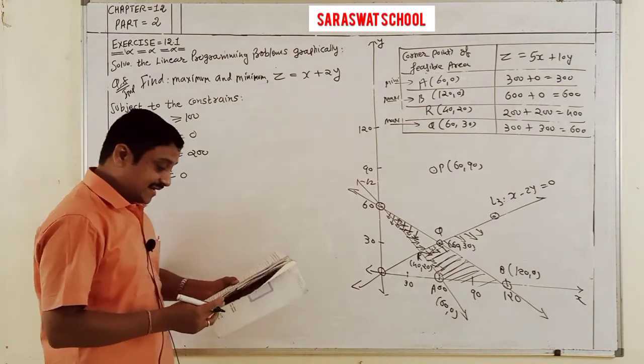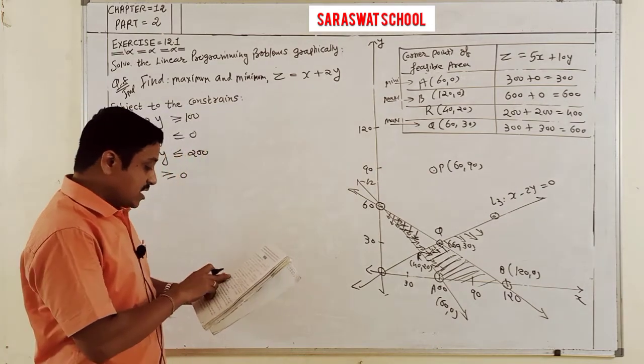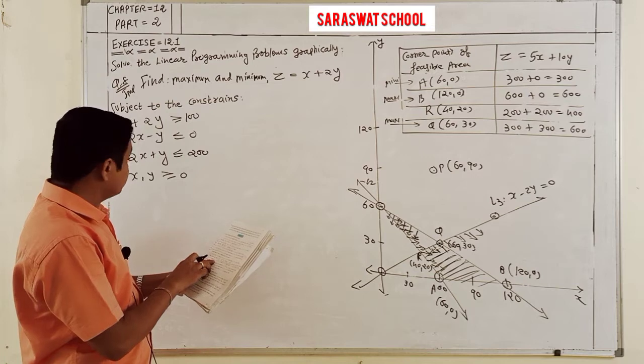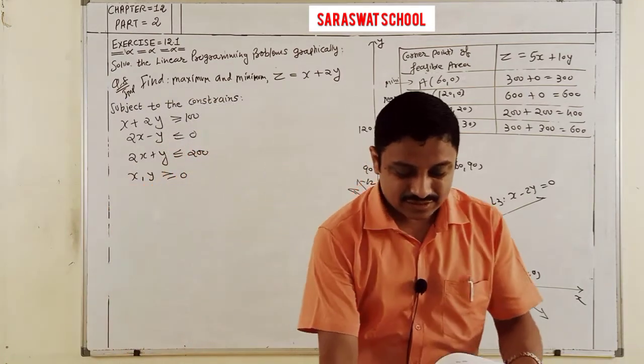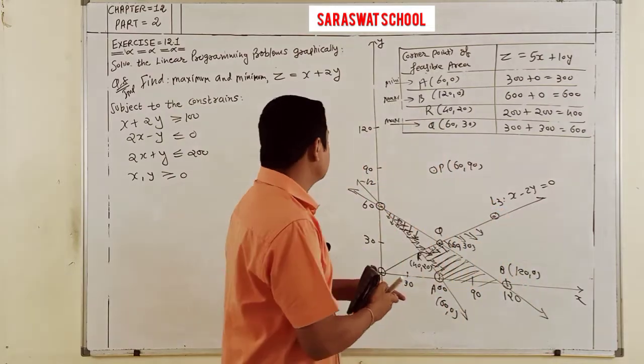One more time check. z is x plus 2y, with x plus 2y greater than 100, 2x minus y less than 0 and 2x plus y less than 200. The same concept, only the values are different, students.